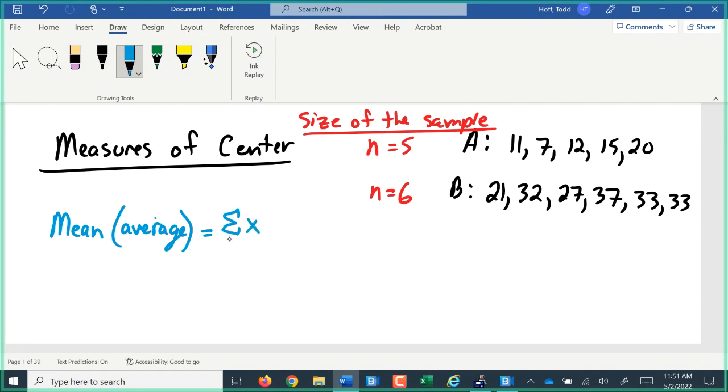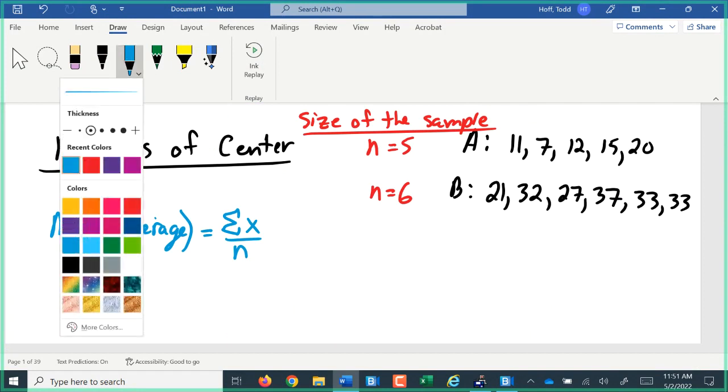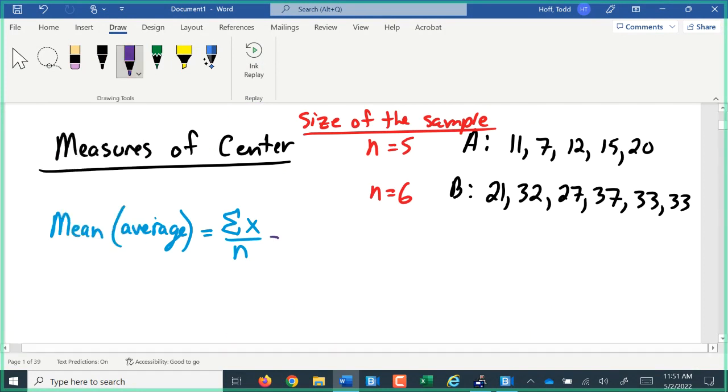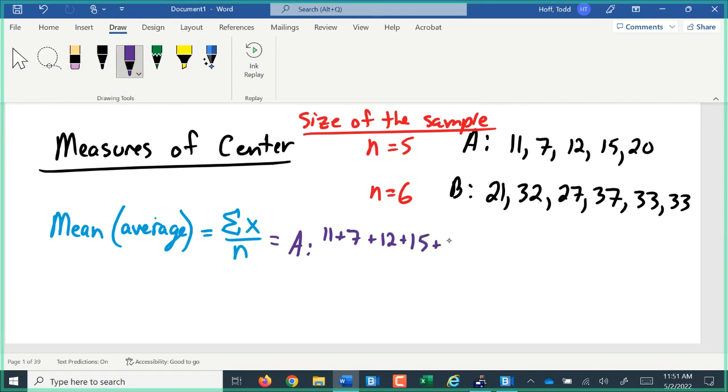So sum of the x's, that means add up the values and divide by n, or how many numbers are in the set. So for set A, this would be 11 plus 7 is 18, plus 12 is 30, plus 15 is 45, plus 20 is 65, divided by 5. Well, 65 divided by 5 is 13. We get a mean of 13 for that data set.